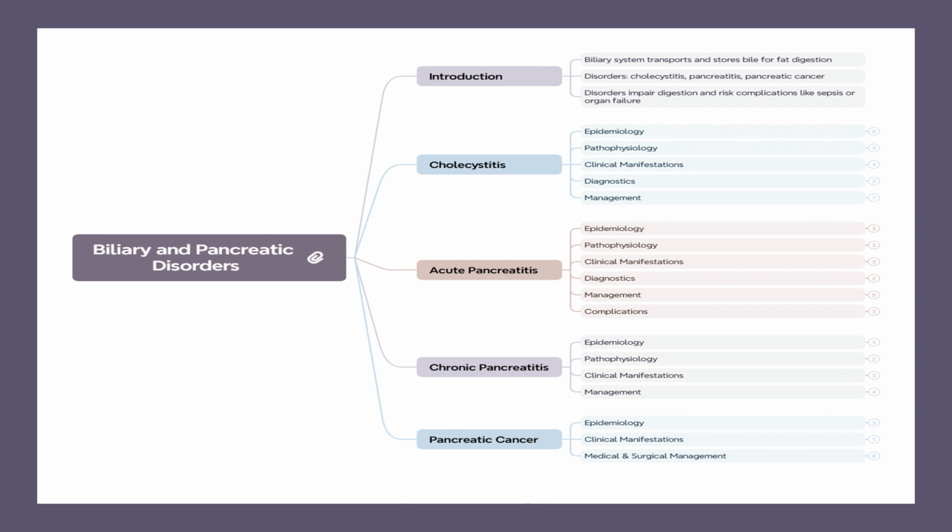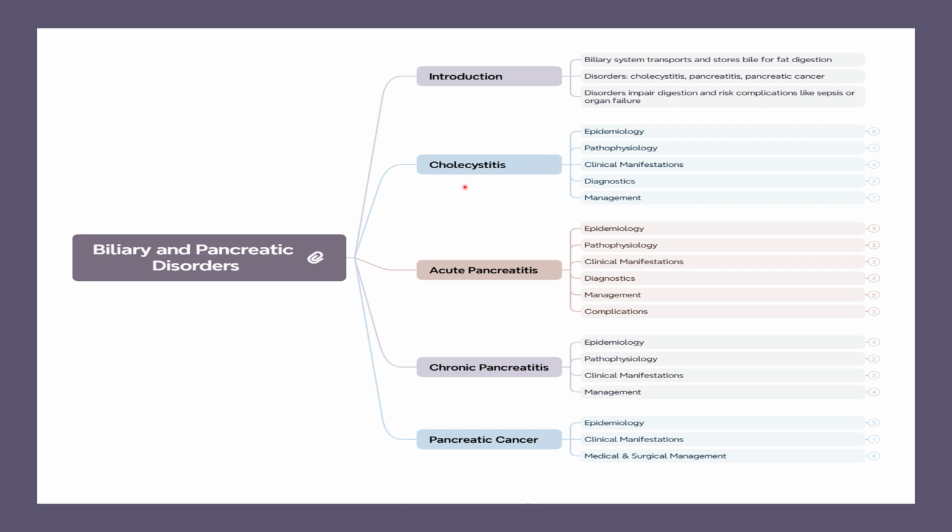Here is the biliary and pancreatic disorders. We are going to cover the introduction, which I said earlier, about the biliary system, transporting and storing bile for fat digestion, and the disorders. And here are the disorders that this chapter covers.